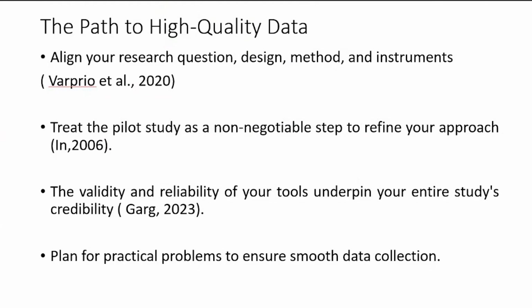You align your research question, your design, your method, and instrument. You have to align it. That is how to get high quality data. Your data must be of very good quality before your findings will be trustworthy and reliable.